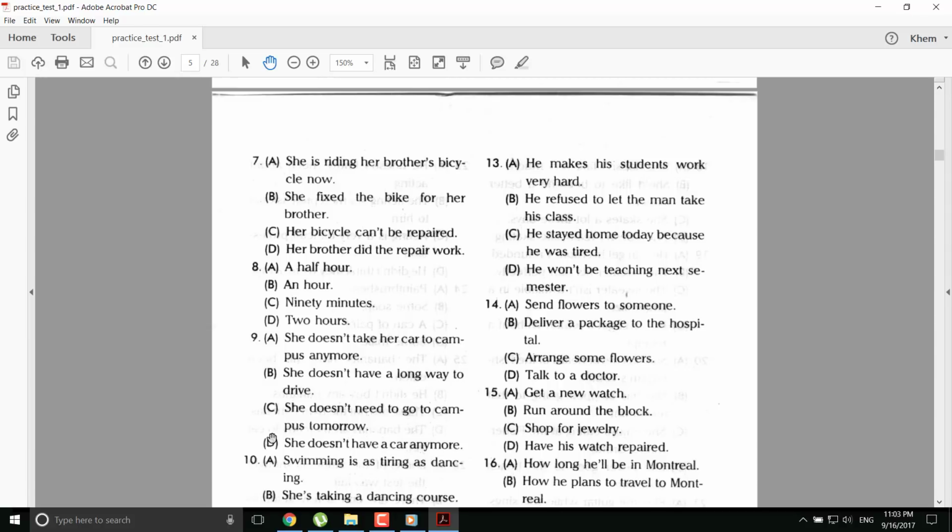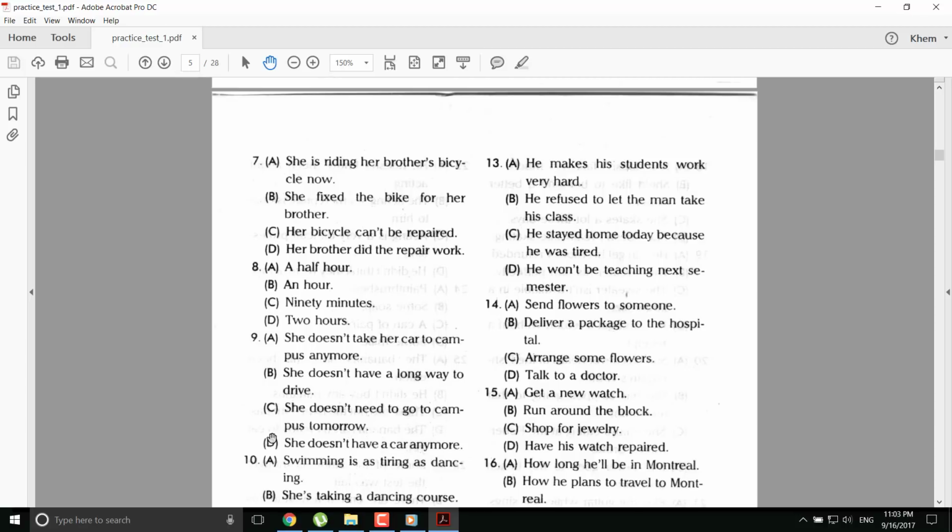Number 15. "My watch isn't running." "Why not have the jeweler around the corner fix it?" What does the woman suggest the man do? Number 16. "Just think, in another couple of days, I'll be in Montreal."